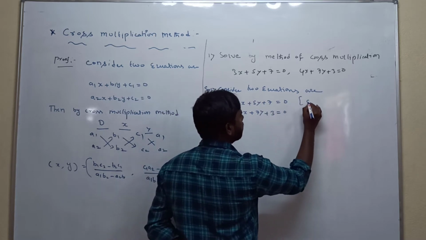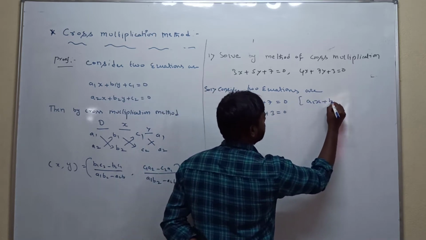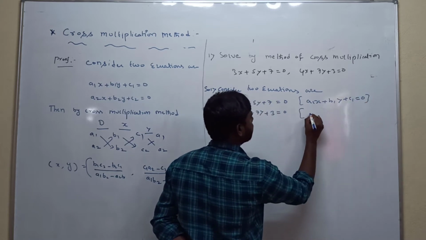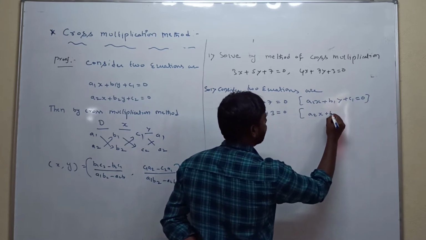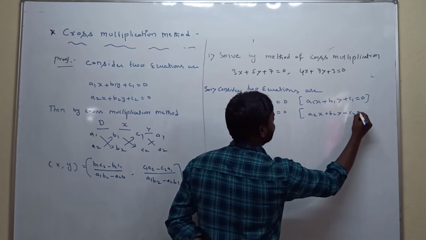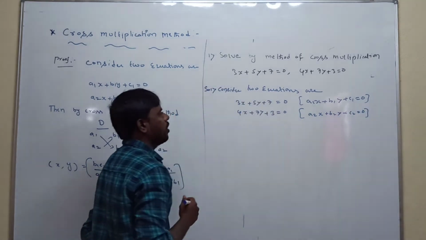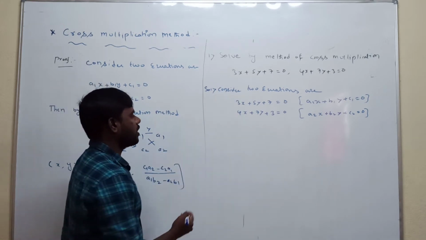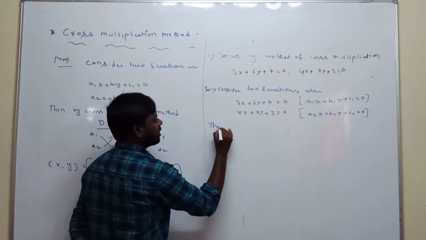This equation is nothing but a1x plus b1y plus c1 is equal to 0. This equation is nothing but a2x plus b2y plus c2 is equal to 0. Like this form. Now, what are the given equations, you have to write as it is. Next, now applying the cross multiplication.